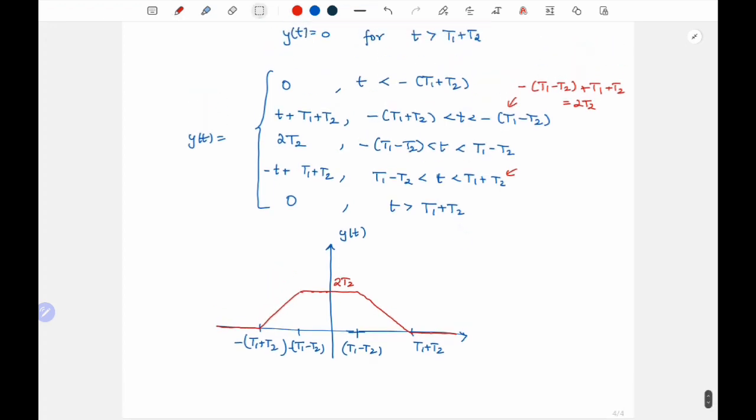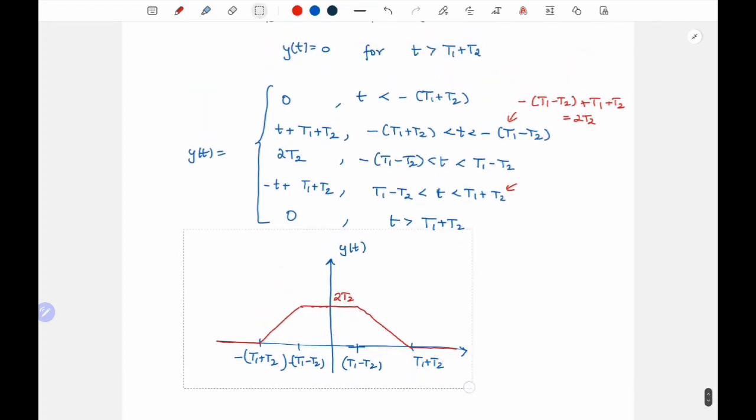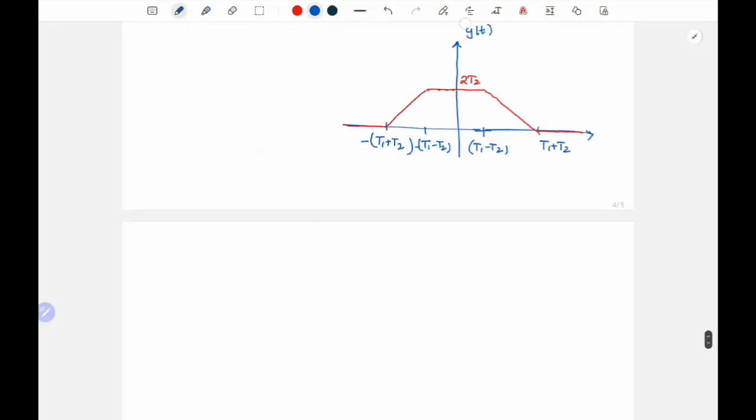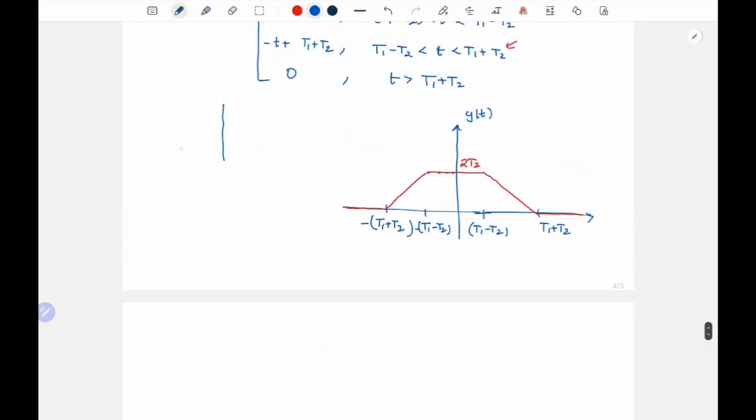I will also draw x of t and h of t so that we can infer something from this. So this was x of t from minus t1 to t1, and this was h of t from minus t2 to t2.